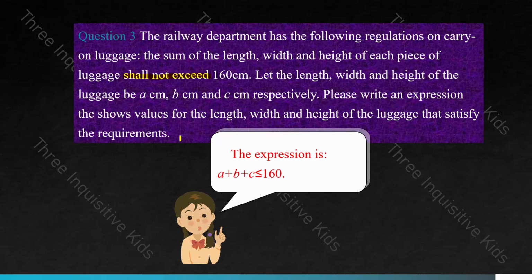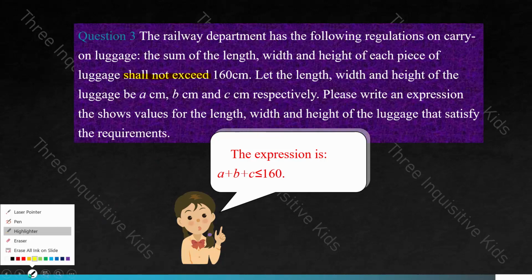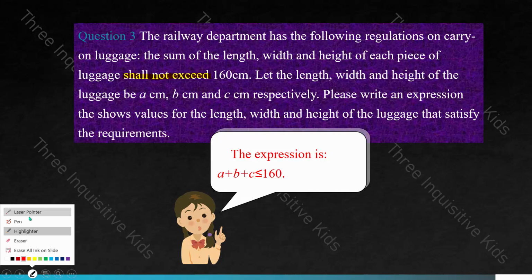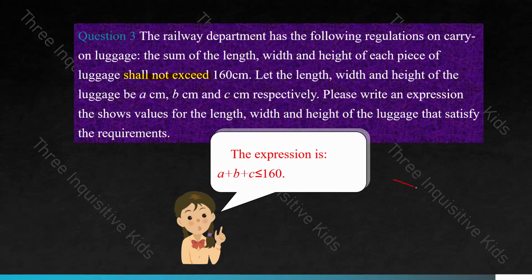It means also that it could be equal to 160 centimeters. That means that this would be the correct answer. And the symbol right here, a less than symbol with a horizontal line underneath it, is the less than or equal to symbol. The other way we can think about it is if you see the greater sign followed by a horizontal line, it would be the greater than or equal to symbol.